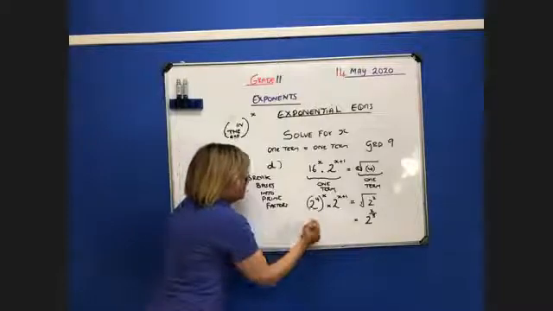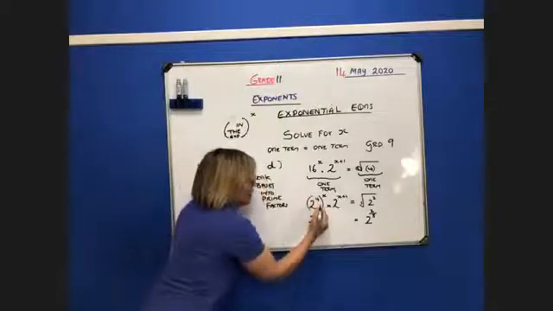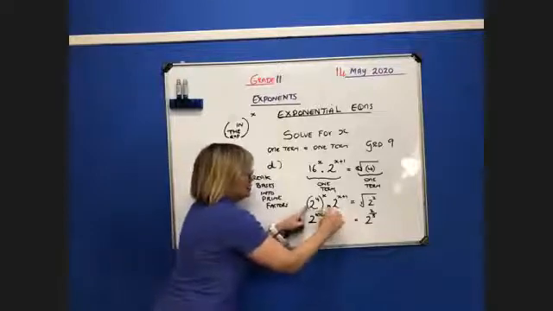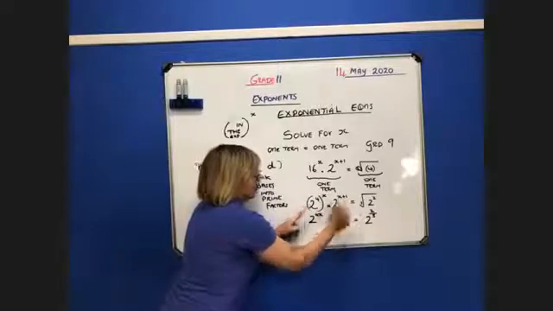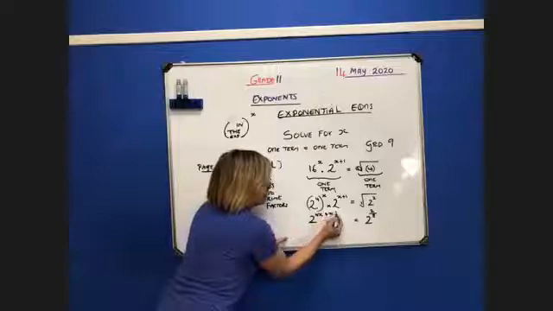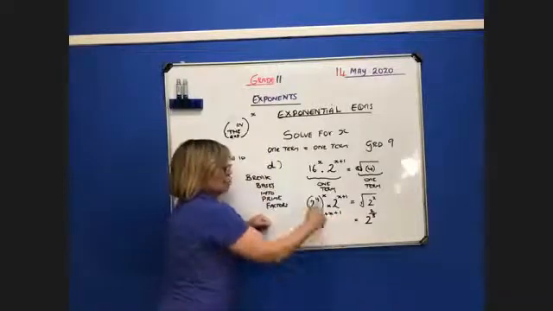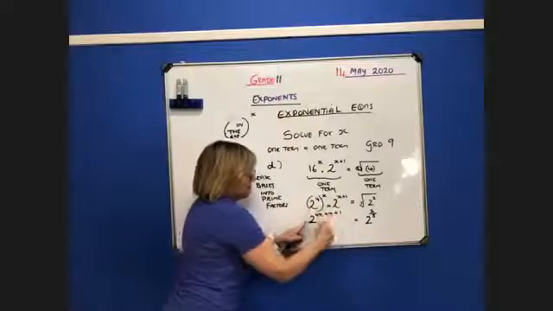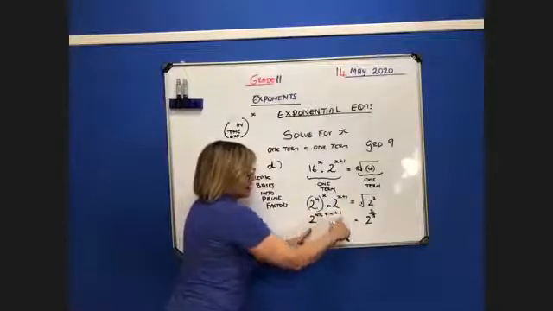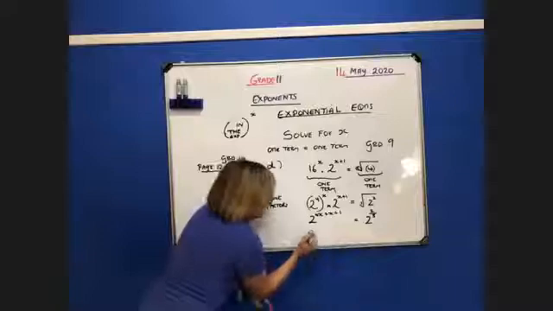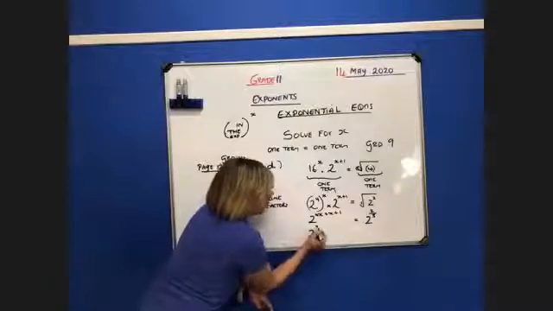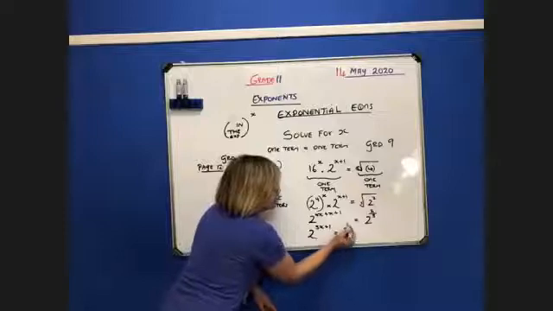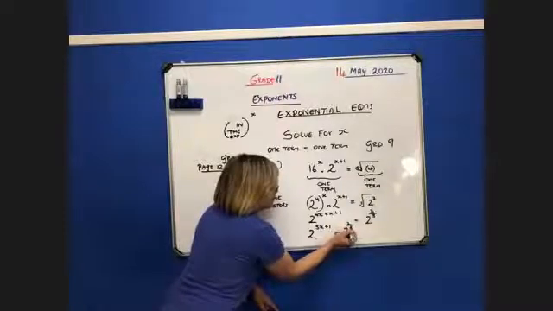If you look here, 2 multiplied to the 4x, and because the bases are the same, I can add the exponents, so plus x plus 1. So I have 4x plus x plus 1, same bases, write the base, add the exponents. So now we're going to have 2 to the 5x plus 1 equals 2 to the 2/5.